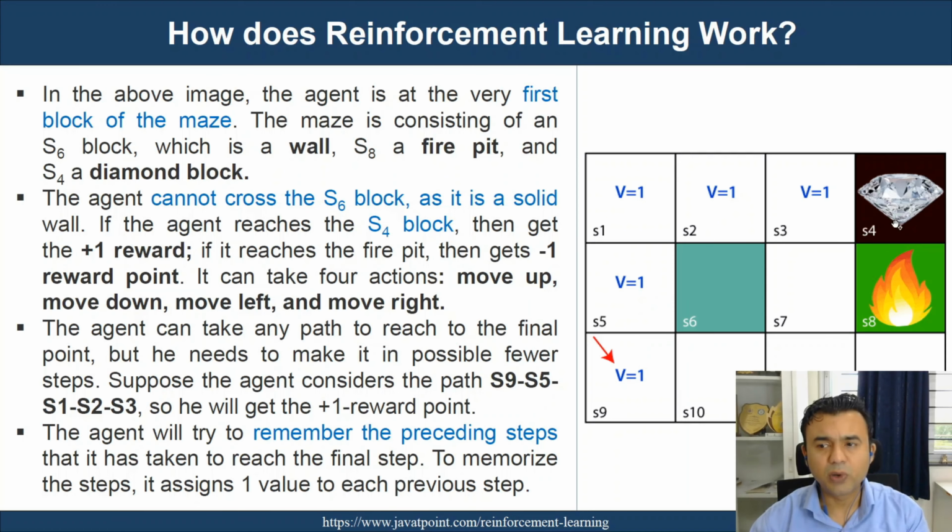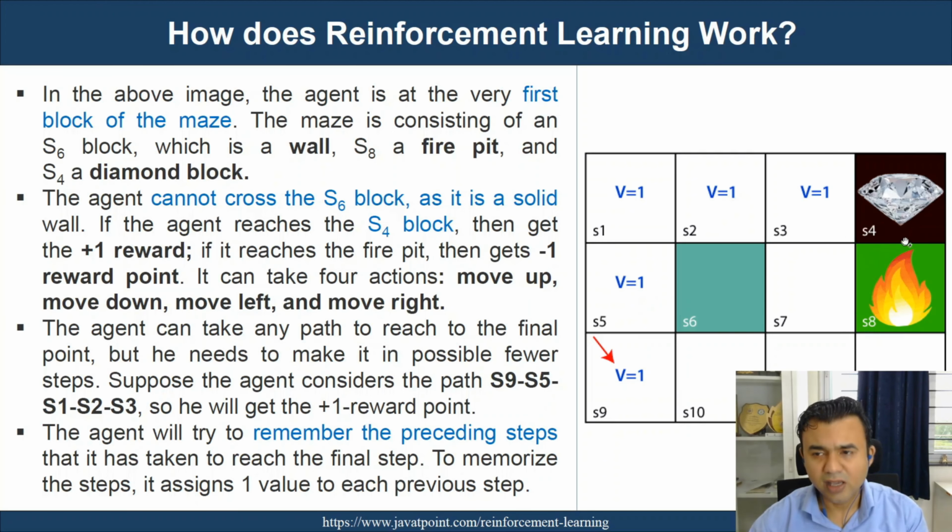The agent cannot cross the S6 block as it is a solid wall. If the agent reaches the S4 block, it gets a reward of +1 because it's a diamond. And if it reaches a fire pit, it gets a penalty of -1 point, right?